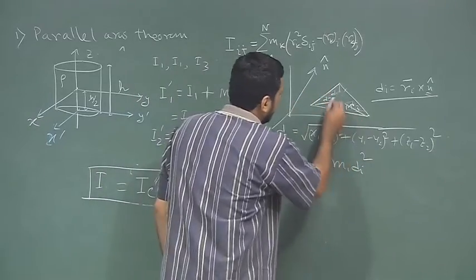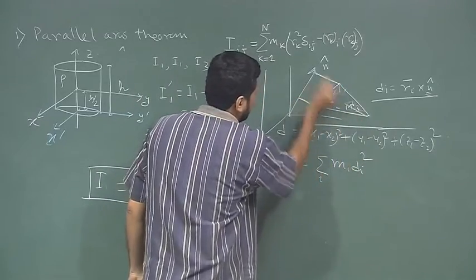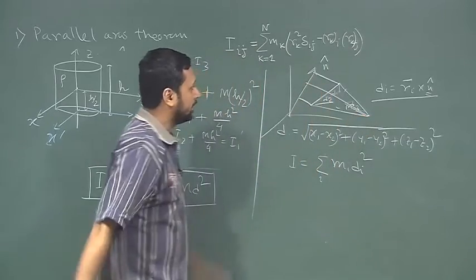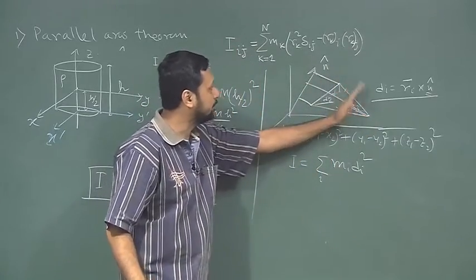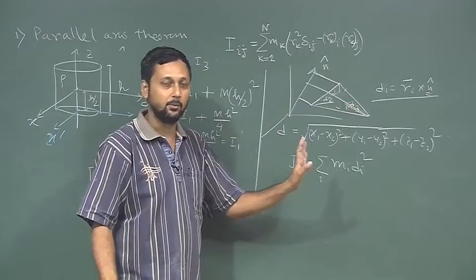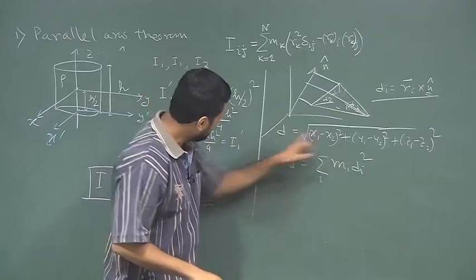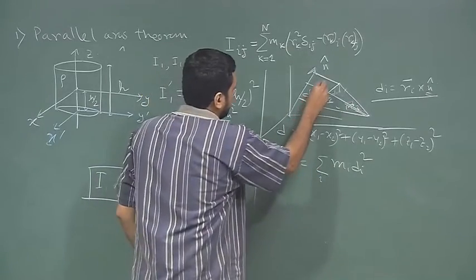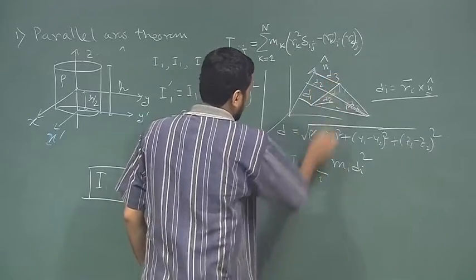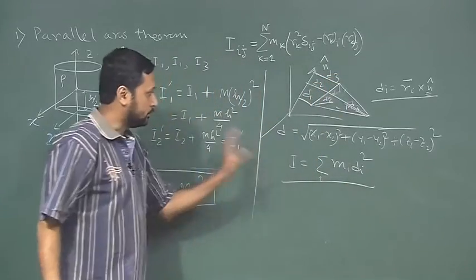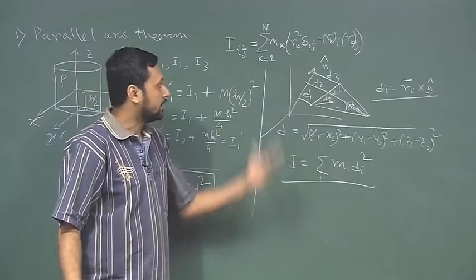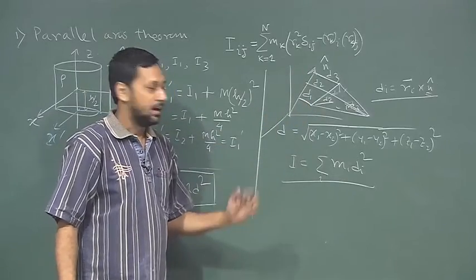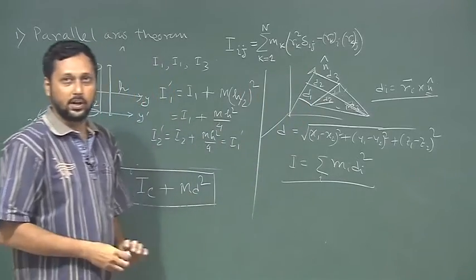From this you calculate the mutual distances of the 3 points. It does not matter whether a point falls inside the rigid body or outside, the moment of inertia can be calculated. Then these will be your d1, d2 and d3, and you put your values in this formula and you get a value of the moment of inertia. So, we can always do that.